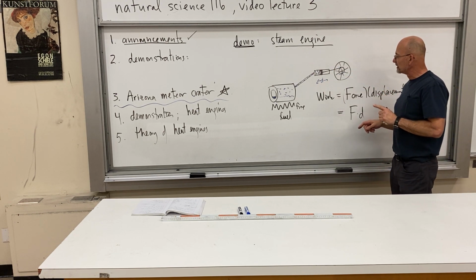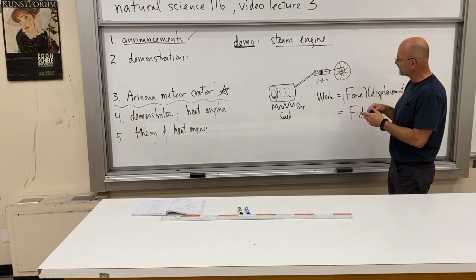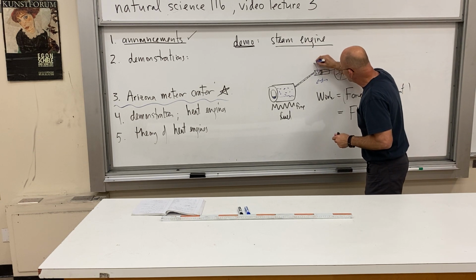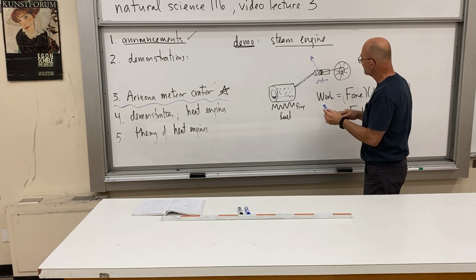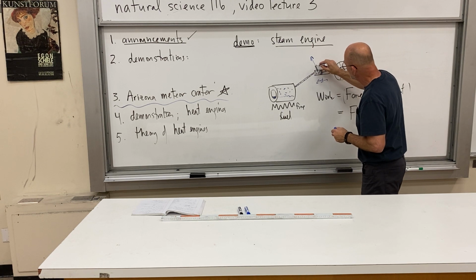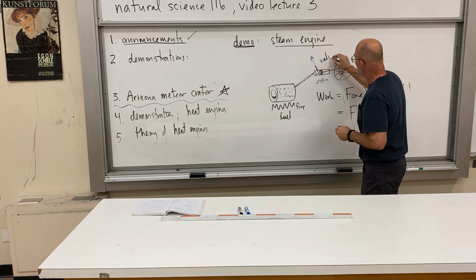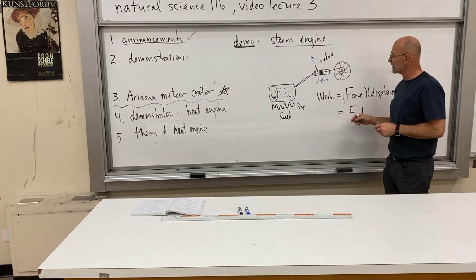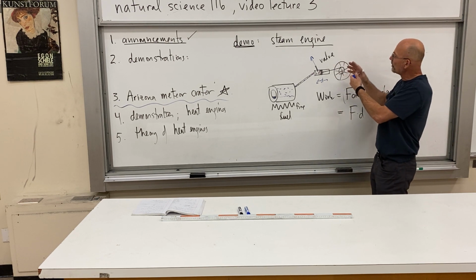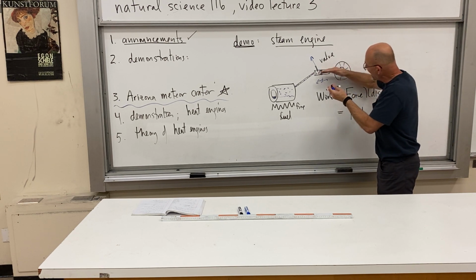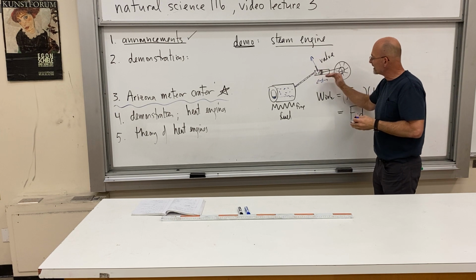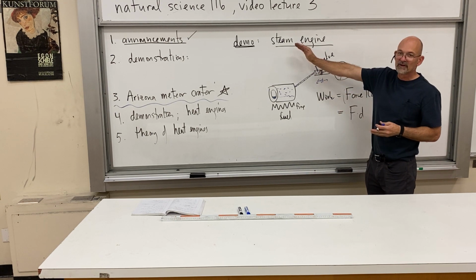Okay, so the answer to how this thing cycles is that there has to be a valve. There has to be a valve that opens and closes. So it has to open up when the piston's going to come back on the return stroke, and then it'll push that steam out.